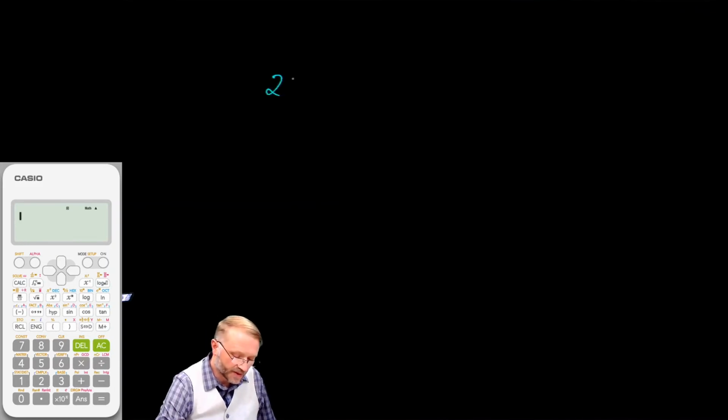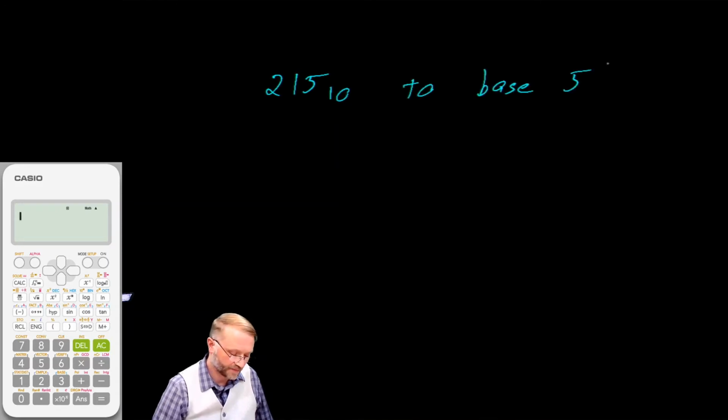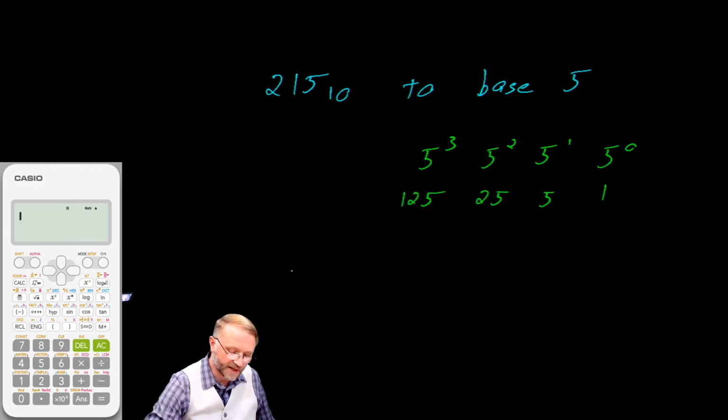Let's do this one more time for good measure. We'll take the number 215 base 10. We want to convert that to base 5. Places, so the 1's, the 5's, the 25's, and the 125's. As before, we take that number, we move it down here, so 215. How many times does 125 go into 215?